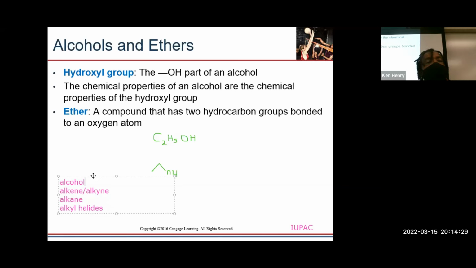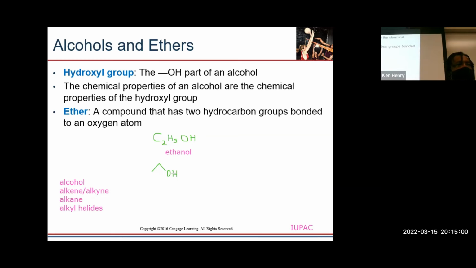So that basically means that we end the name with OL for alcohol. So we call this guy ethanol. If it's at the very end of the structure, we just call it whatever the carbon chain is, and then we put OL.